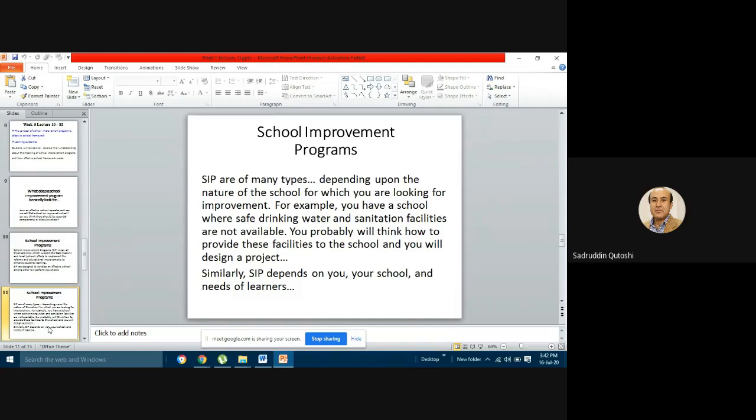So this is how you can understand a school improvement program.